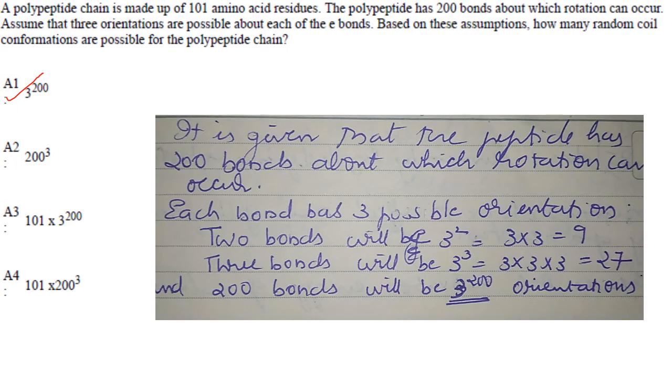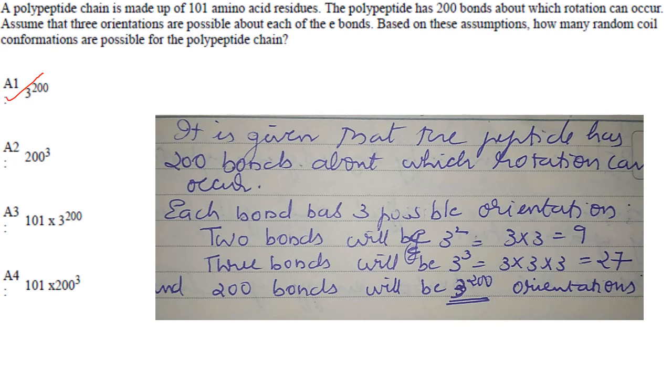Then a polypeptide chain is made up of 101 amino acid residues. The polypeptide has 200 bonds about which rotation can occur. Assume that 3 orientations are possible about each of the bonds. Based on these assumptions, how many random coil conformations are possible for the polypeptide chain?